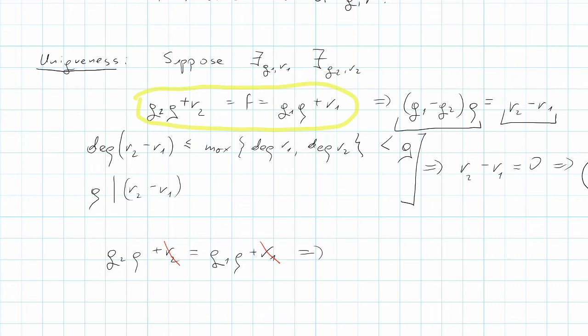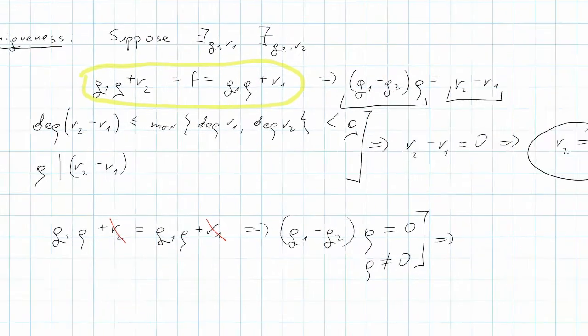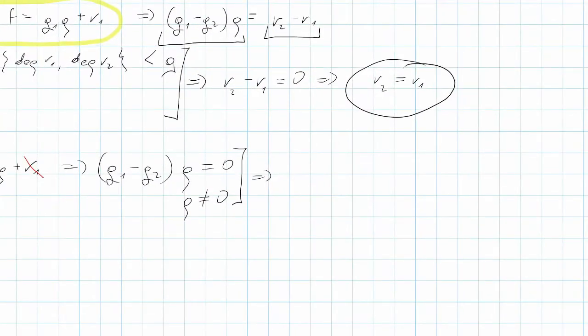So what we get is that (Q1 minus Q2) times G equals 0, but G is non-zero, so it follows that Q1 equals Q2.